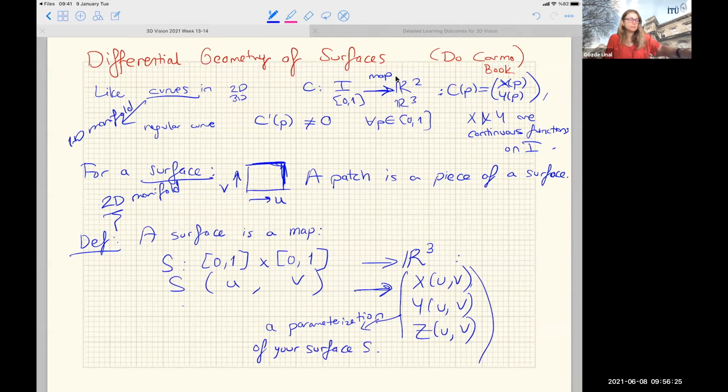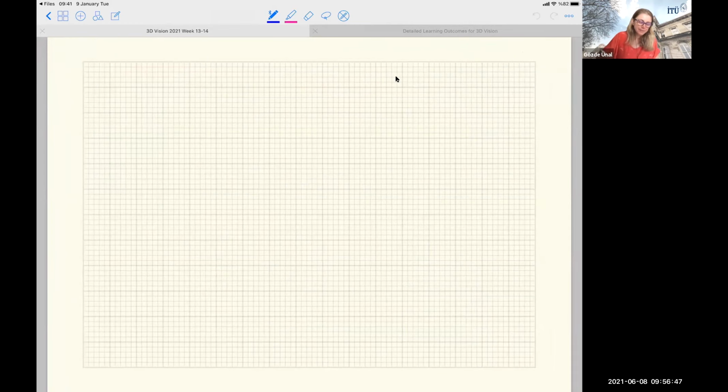I think at this point we should define a regular surface. But to do that we need to go to the derivatives. Now we will be going there. Okay, so until here we are all good, I think, right? We are just making a definition of a surface. Now let me draw a surface here.